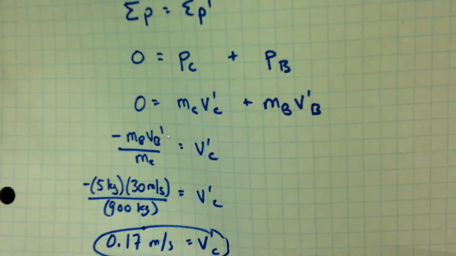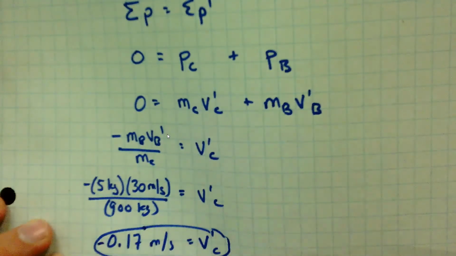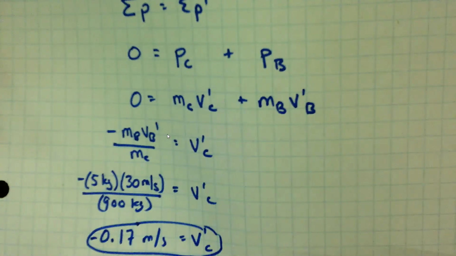Questions? It's recoiling, right? So it should be going backwards.